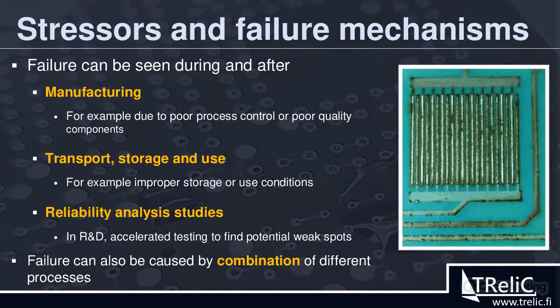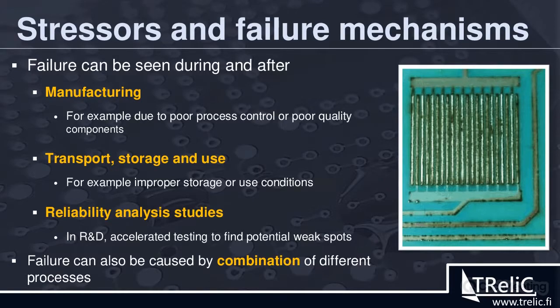And quite often you already have to study failure mechanisms or do failure analysis after manufacturing to check why some products fail. And quite often we do check the quality of the products after manufacturing to make sure that failed products are not sent to the customers. And then, of course, transport, storage, and use, as I already said.